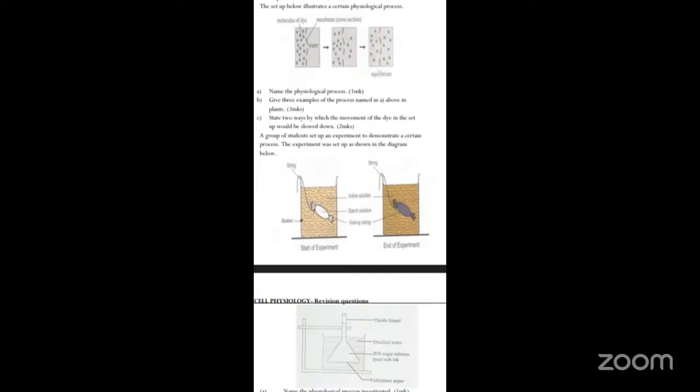So the reason why I'm saying that we need to concentrate on this setup is I want us to identify the content. Before we even answer the question, at the beginning of the experiment, I want us to look at that beaker. In that beaker, we have that brown liquid.